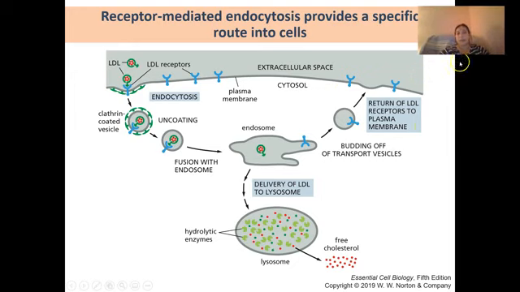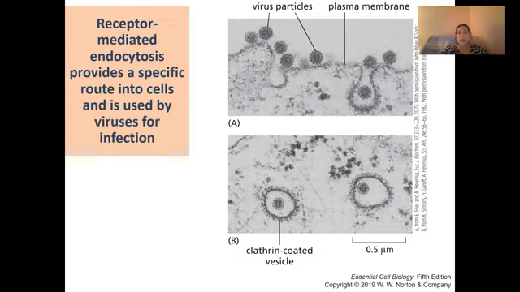So in this receptor-mediated endocytosis, the receptor becomes internalized as part of the vesicle, but then it is taken back and recycled back out into the plasma membrane again for further work.